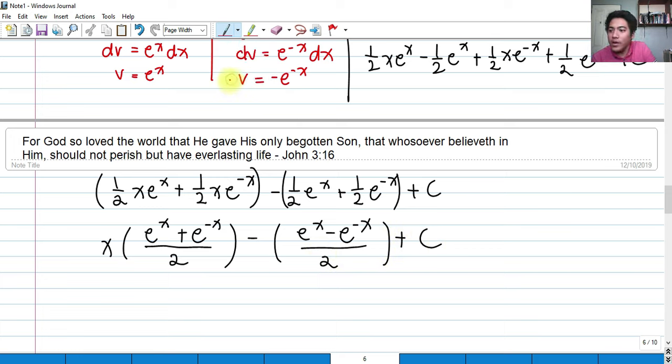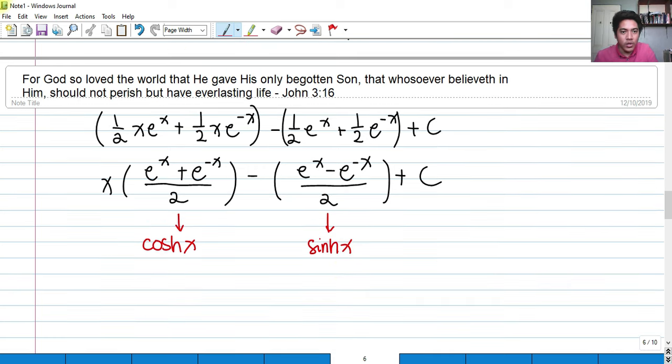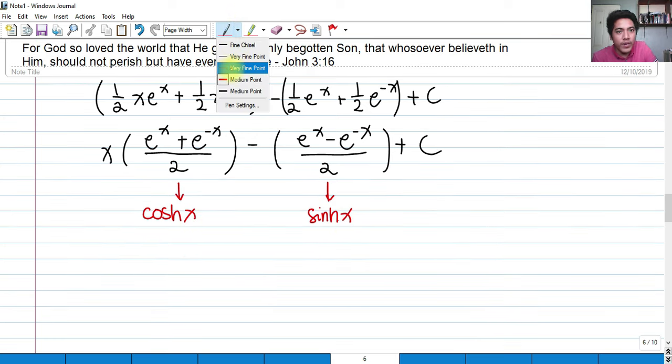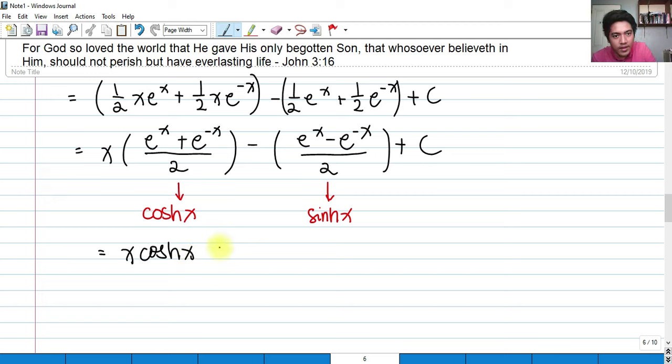And if we are going to recall, this whole term is equal to hyperbolic cosine of x, and this whole term is equal to hyperbolic sine of x by definition. So the answer would be x hyperbolic cosine of x minus hyperbolic sine of x plus c.